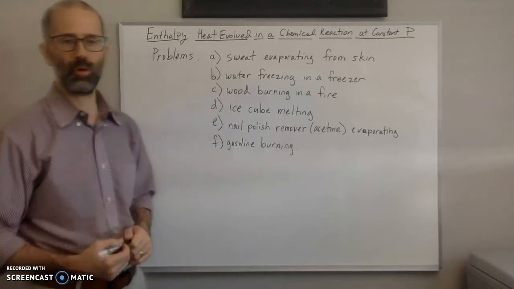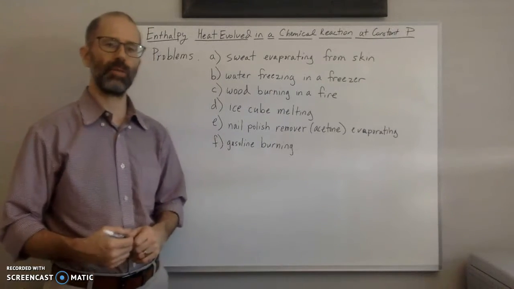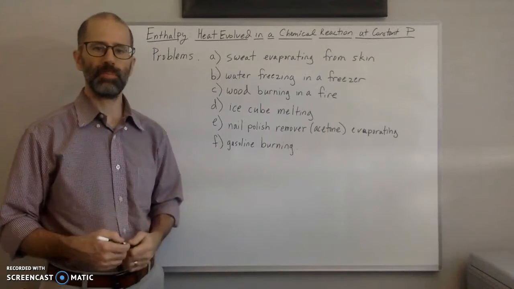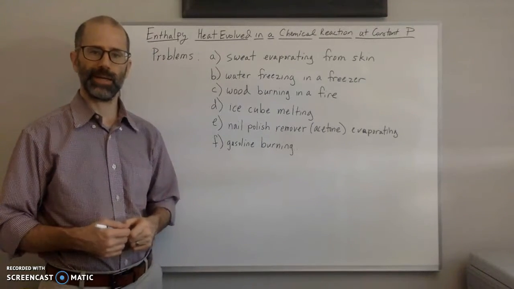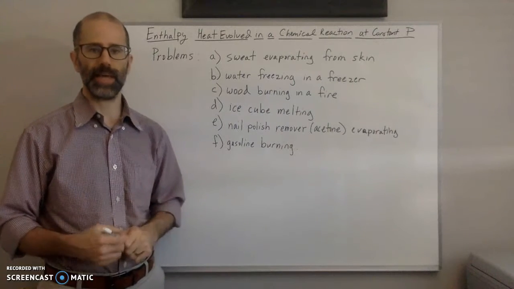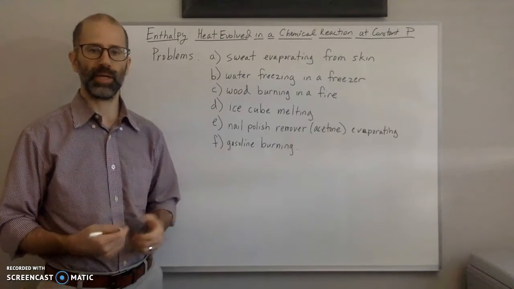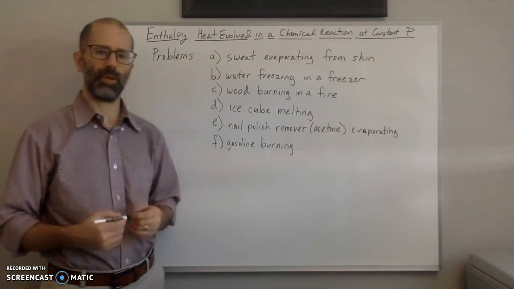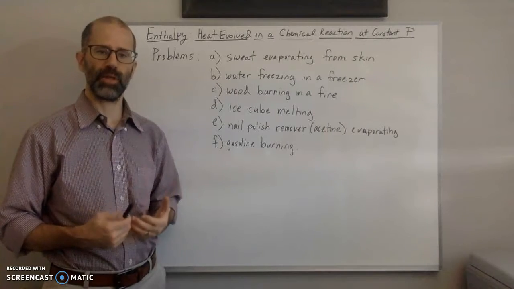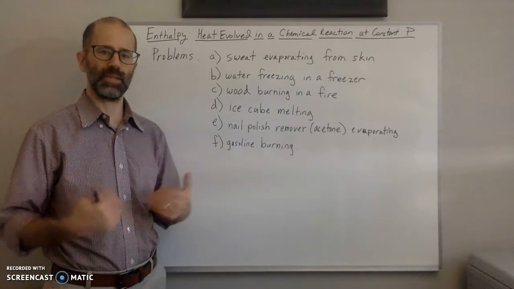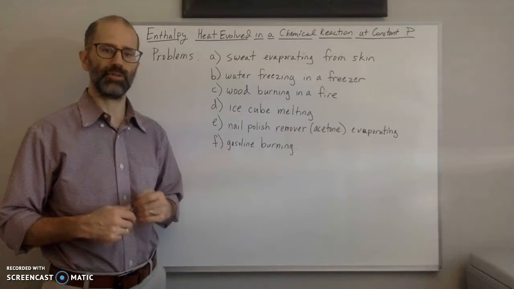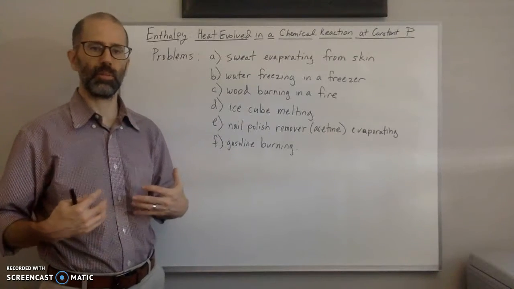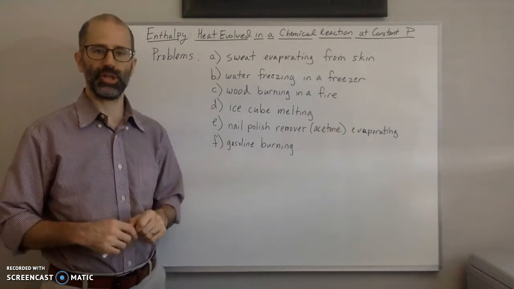My name is Mr. Koval, and in this video I'm going to be going over some examples of figuring out whether or not a process is exothermic or endothermic. So remember, endothermic has to do with the system receiving heat or energy. Exothermic has to do with the system losing energy or heat.